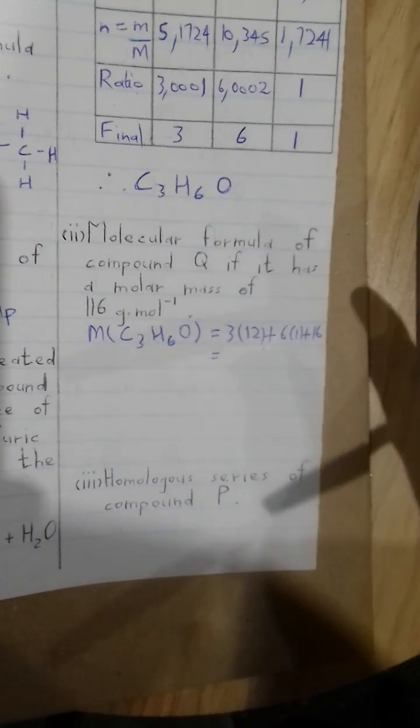So what is the molar mass of C3H6O? 3 times carbon is 12 plus 6 times 1 plus oxygen is 16. 58 grams per mole, right?